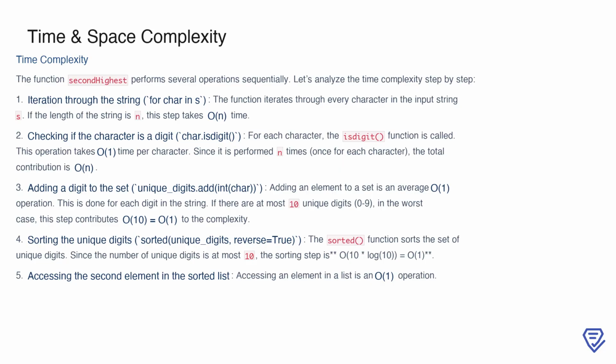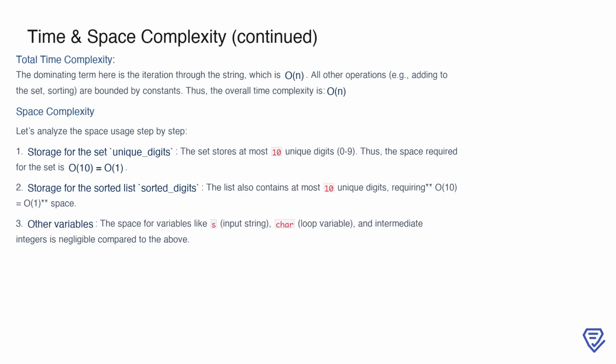Sorting a set of at most 10 elements results in O(10 * log 10), which simplifies to O(1) due to the small, fixed size. Finally, accessing the second element in the sorted list is a direct indexing operation, which is also O(1). Combining these steps, the overall dominant term in the time complexity is the O(n) for iterating through the string. The total time complexity of the function is therefore O(n).